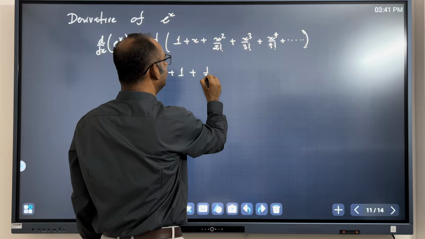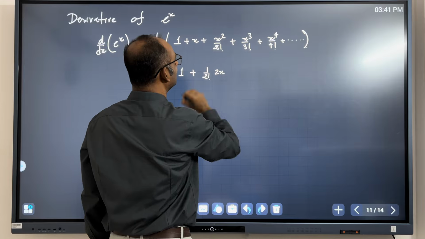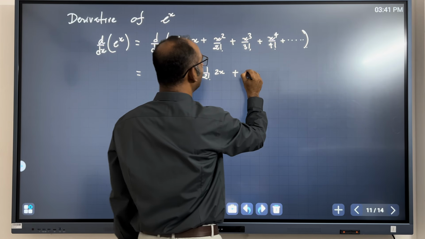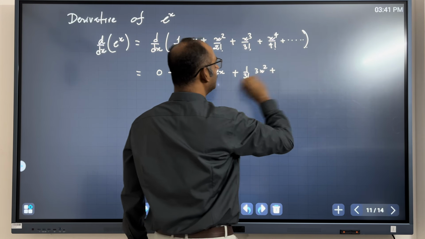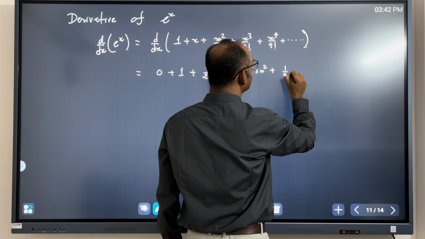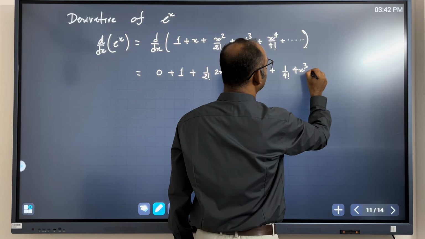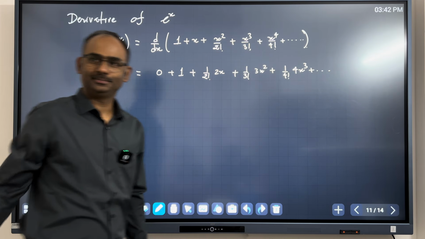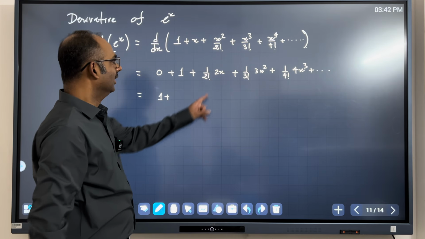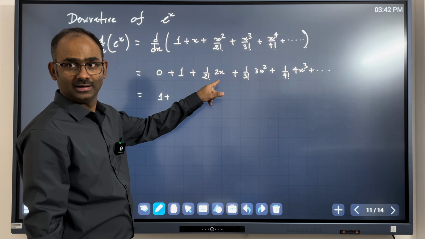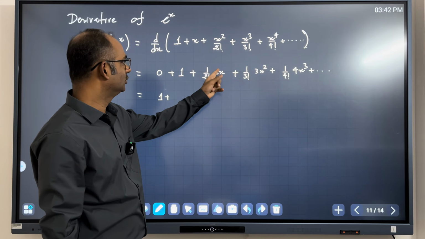So you have 1 over 2 factorial times 2x. What's the derivative of x cube? 3x square. What's the derivative of x to the 4? 4x cube. Agreed? Now this is 1 plus 1 over 2 factorial, which is 2 into 1 factorial, so 2 cancels.